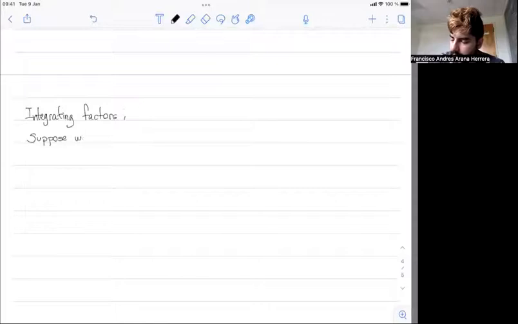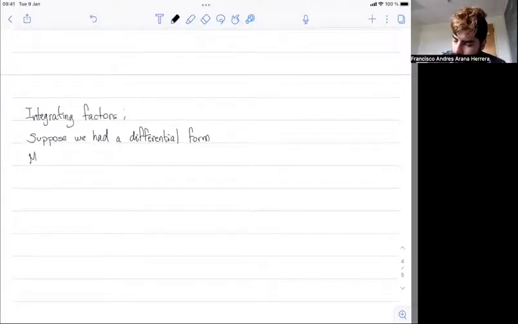Suppose we had a differential form M(x,y) dx plus N(x,y) dy, and let's say we're trying to solve the equation where this is 0. And let's suppose that this form is not exact.